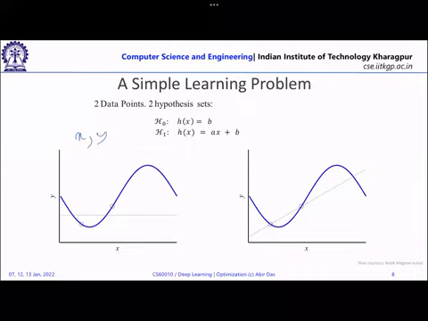Now the blue curve is the true data distribution. So for different X, these should be the Y's. But we have only 2 data points. So these blue plots are kind of the true distribution, or true data generating function. But when you sample, you get just 2, because your training data set is composed of n equal to 2.